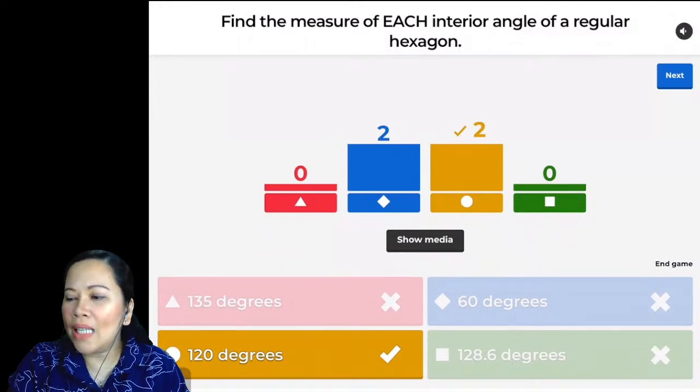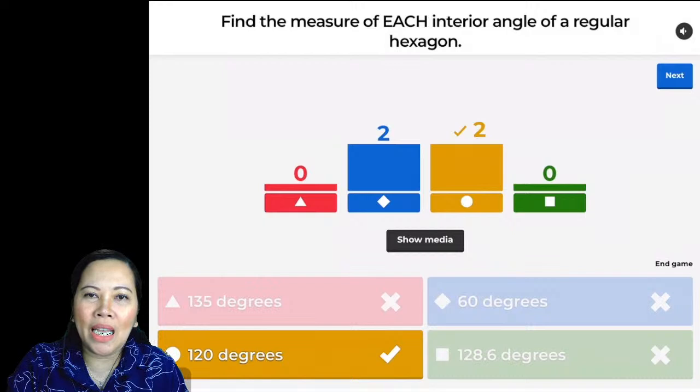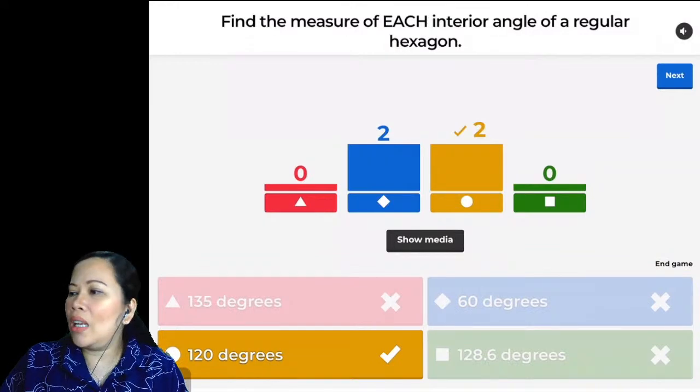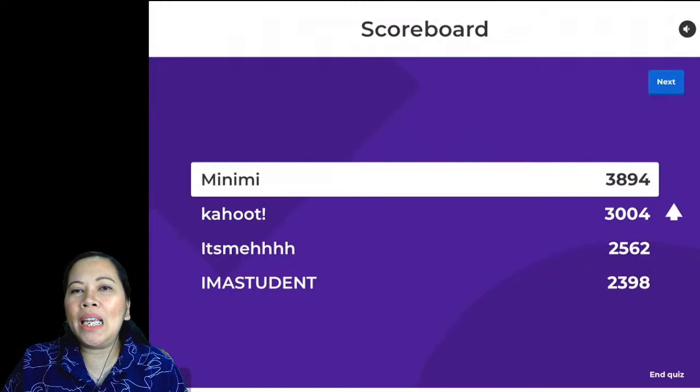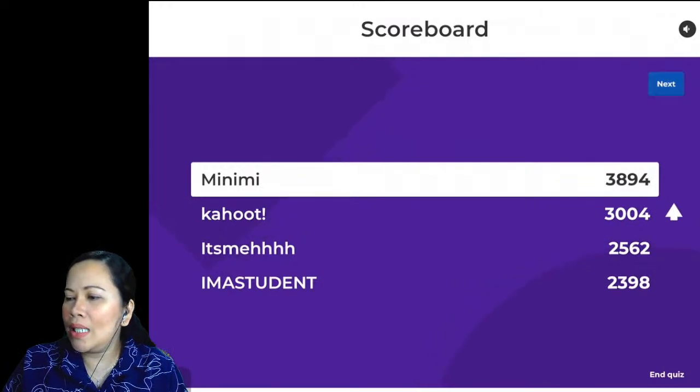The correct answer is 120. So that's 6 minus 2 times 180 divided by 6 each. That's why it's bold letters. Mini-Me on the lead, followed by Kahoot, and then It's May, and then I'm a Student.